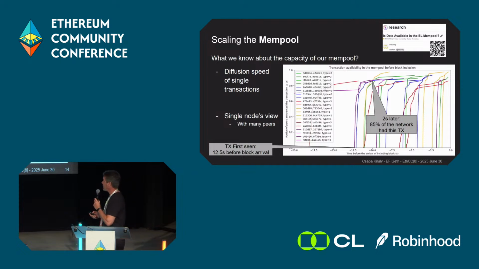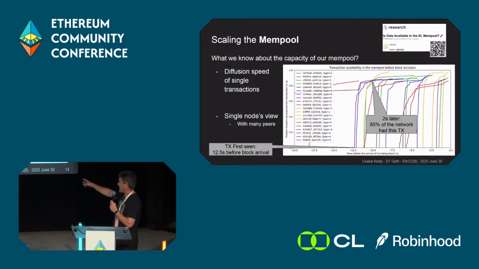This is another view of how the mempool works now. So what you see here, every single line is one specific transaction, and you see the timeline of spreading in the mempool. Down below, what you see is the time before block inclusion.